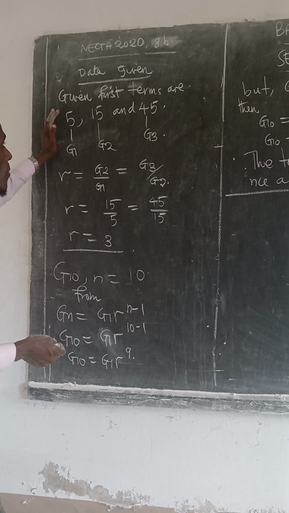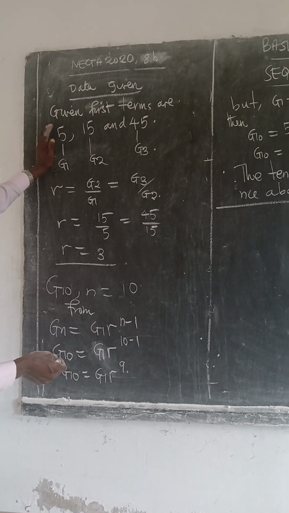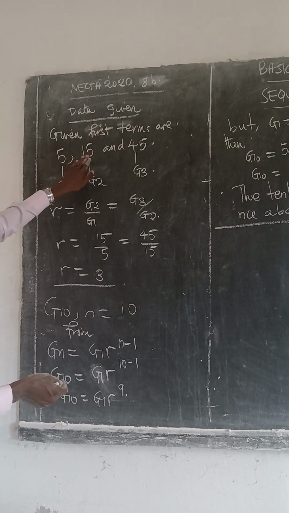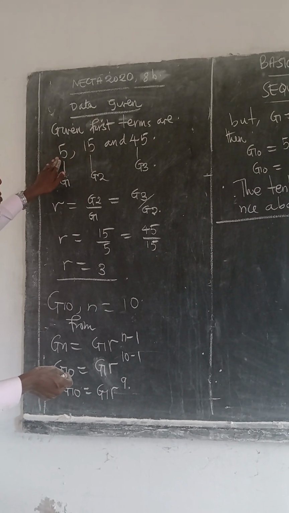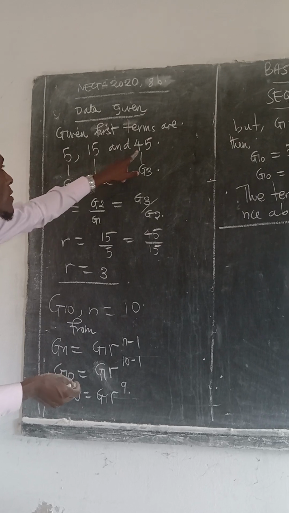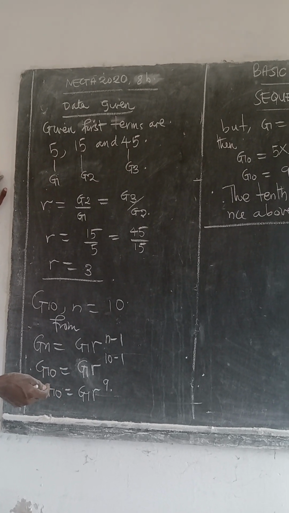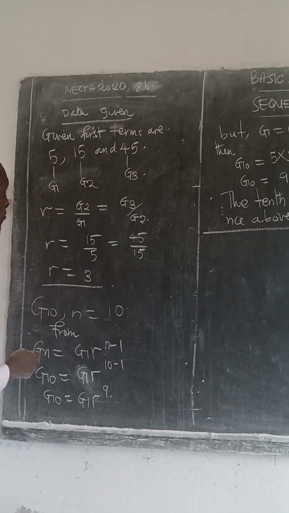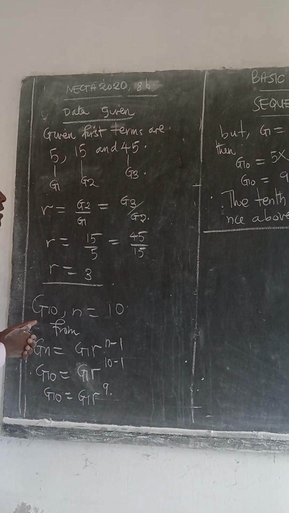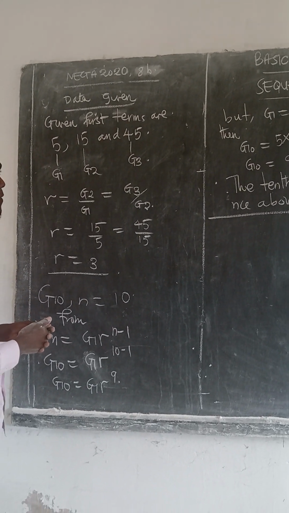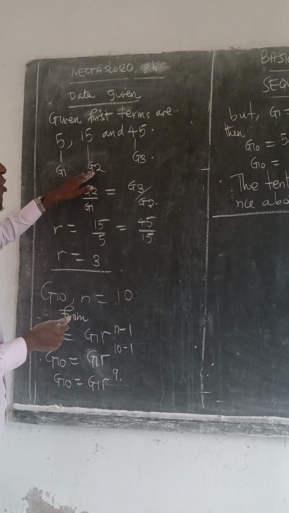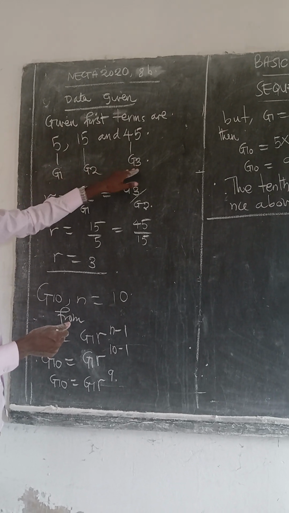When you find the common difference, A2 minus A1, you get 15 minus 5, which is 10. That 10 is not equal to 45 minus 15, so it is not common on the part of the common difference. But what about the common ratio? The common ratio is G2 over G1 equal to G3 over G2.